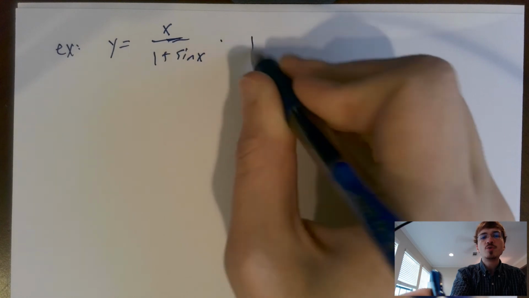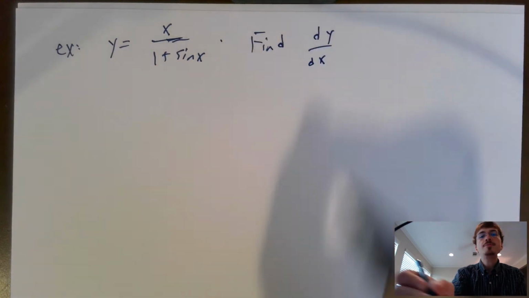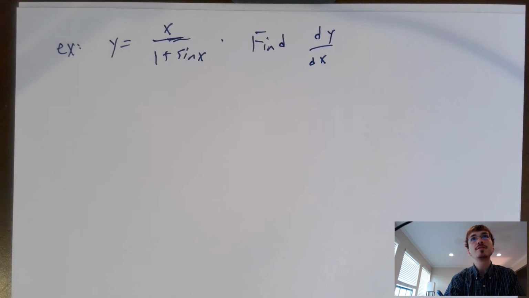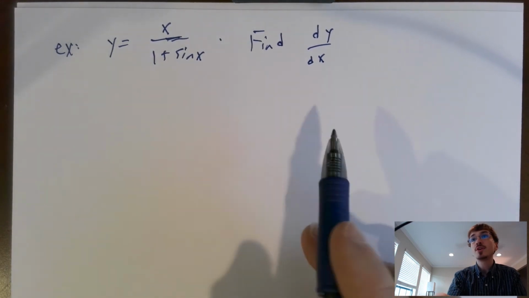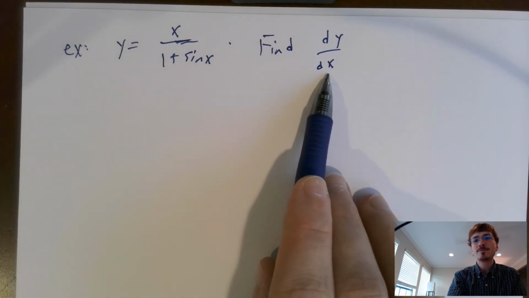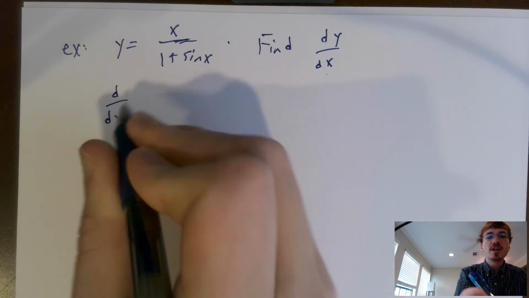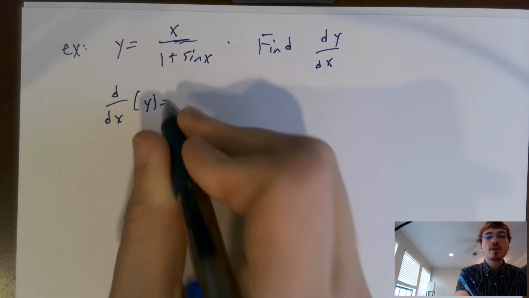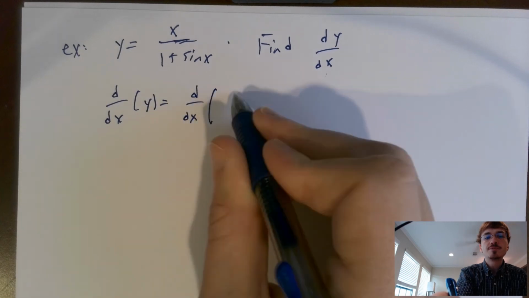And suppose we want to find dy dx. How would we go about doing something like this? Well, we need to differentiate both sides. All that we're going to do is differentiate both sides with respect to x.